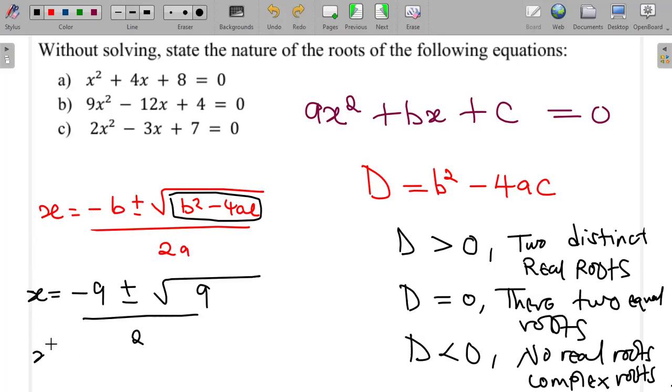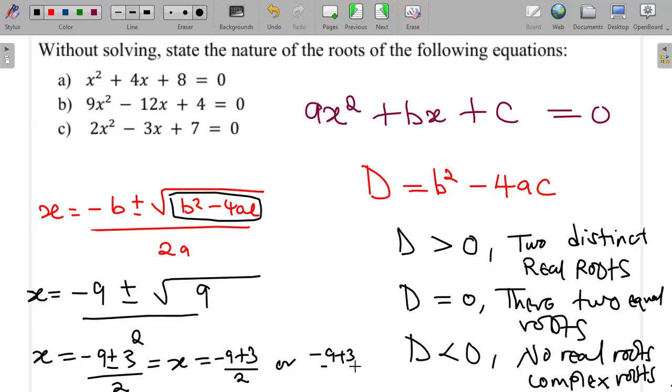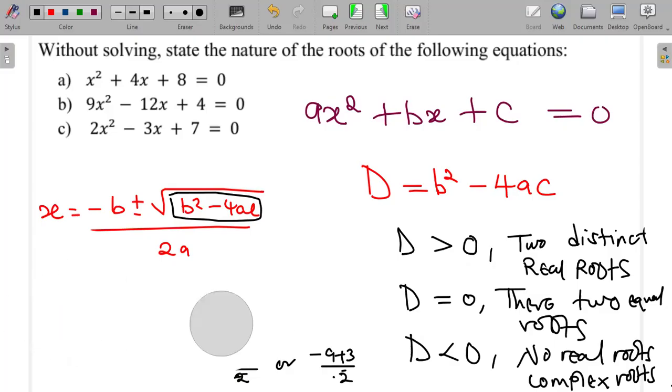Because x is equal to minus 9 plus or minus the root of 9, which is 3, and then I divide by 2. So my answers here will be x is equal to minus 9 plus 3 divided by 2, or minus 9 minus 3 divided by 2. So you can see the two distinct roots there, when what is under the root is actually greater than 0.